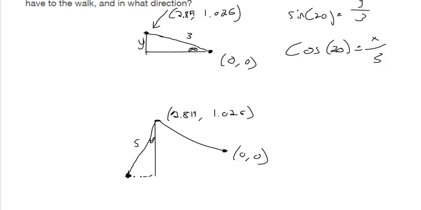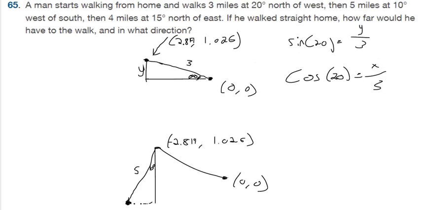And technically I should be putting this, I'm sorry I didn't write this, this is a negative 2.819, because when you draw your x and y coordinate system, these are the negative x values, right? We went up, that's why we're keeping that as a positive 1.026 for y. And then we went to the left on the x-axis, that's why I had to put a negative there. Okay, but we'll deal with that in a second.